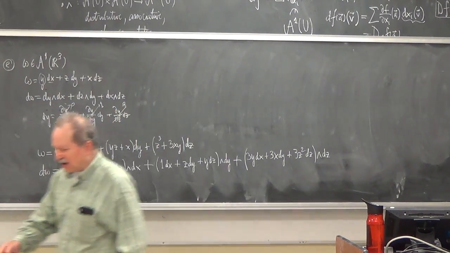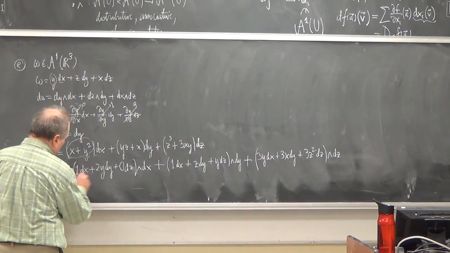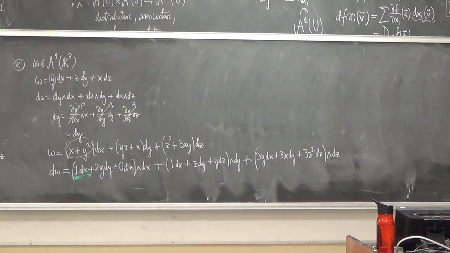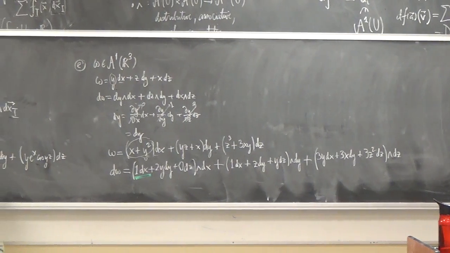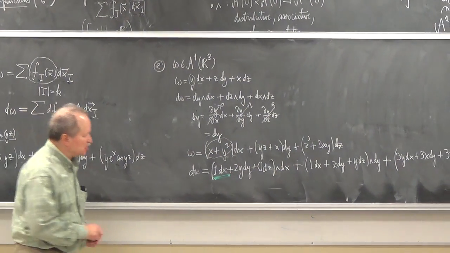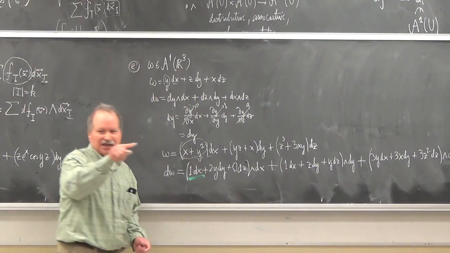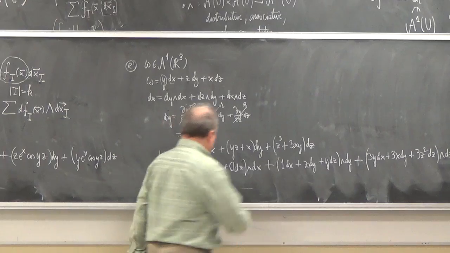So, I think Jonathan was observing something which we're now going to say. What happens to this term here? It goes away because dx wedge dx is 0. You have a repeated index. So what am I left with?